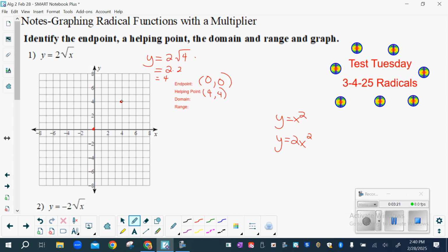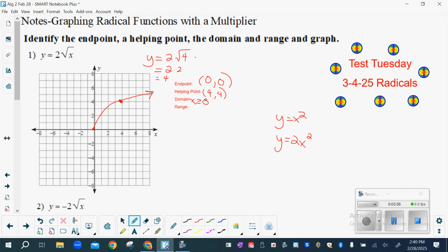And what kind of shape is it going to be? A radical, because of the square root. So this is what our graph looks like. Half of a parabola if we look at it sideways. So my domain on this one, what's my domain? X is greater than or equal to 0. And then what about my range?